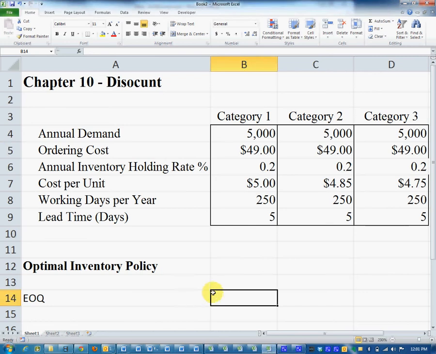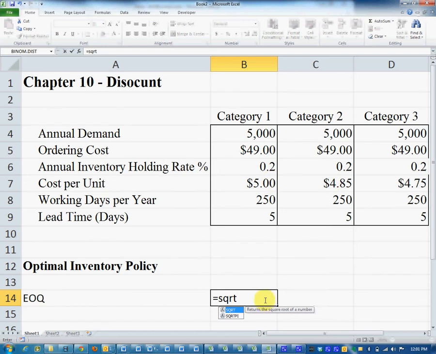So we go back to our original equation, which is equals square root, and I'm going to reference the numbers in the cell so I can drag it sideways because we have category 1, category 2, and category 3. Included in that are the different unit costs, the $5 cost for unit 1 and so forth.